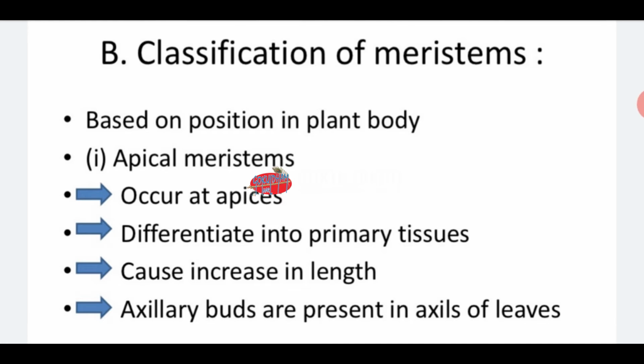When the cells of this apical meristem mature and differentiate into primary tissues, it causes an increase in length. So the result of these divisions in apical meristem is an increase in length.